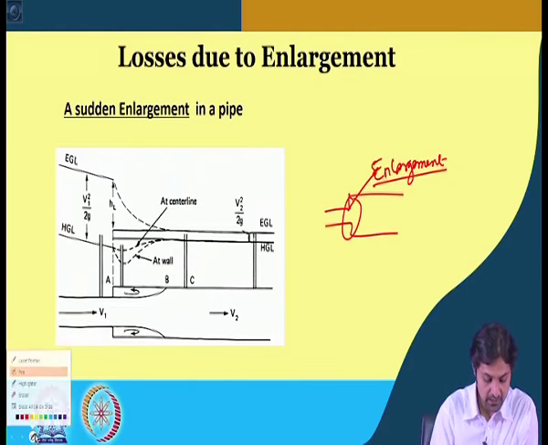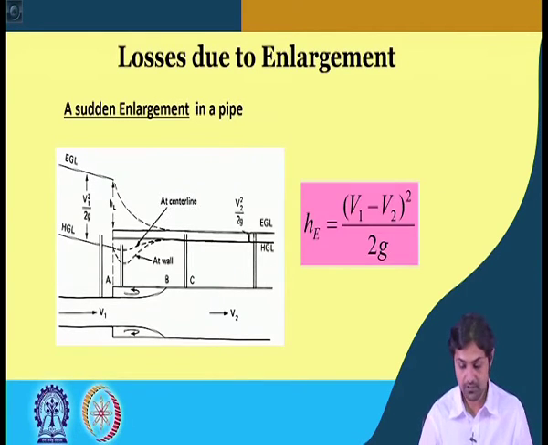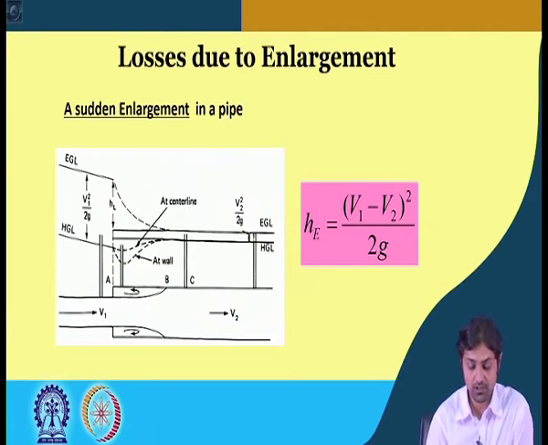In that case, the head loss can be simply given as V1 minus V2 whole square by 2g. In a sudden enlargement, it will be given as V1 minus V2 whole square by 2g.